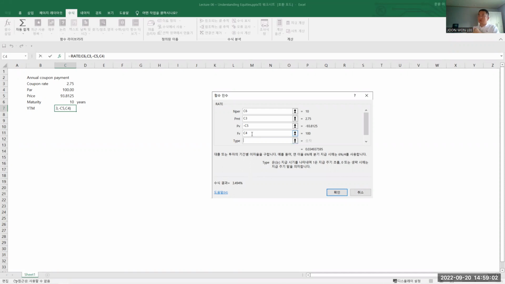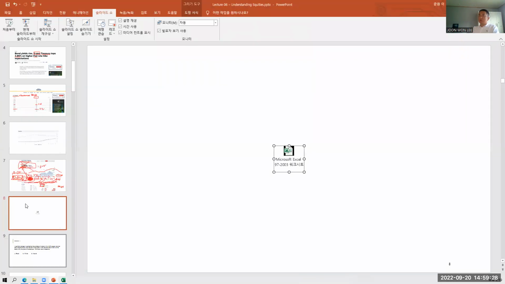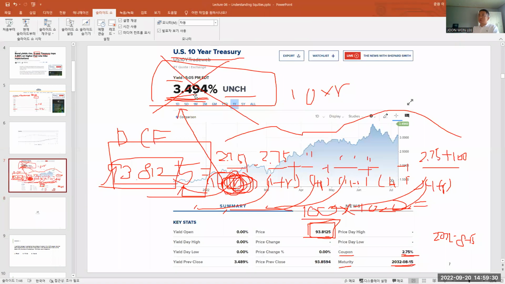That's why future value is par value. And then you want to receive at the end of the period, so you simply leave this blank. Then 3.494, right? 3.494.